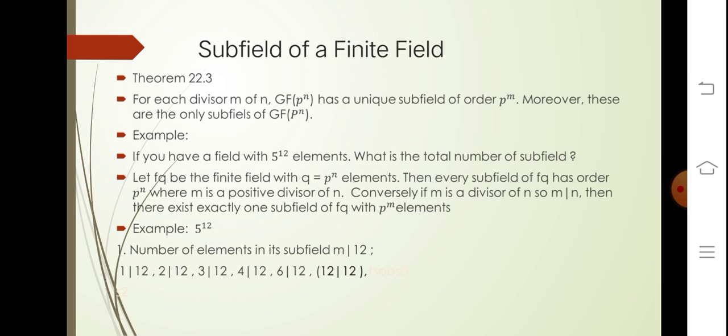Conversely, if m is a divisor of n, so m divides n, then there exists only one subfield of F_q with p raised to the power of m elements. Example, 5 raised to the power 12. The number of elements in its subfield is 5 raised to the power of m, where m divides 12. It is stated that m divides n.